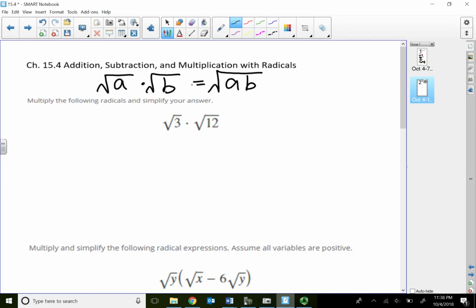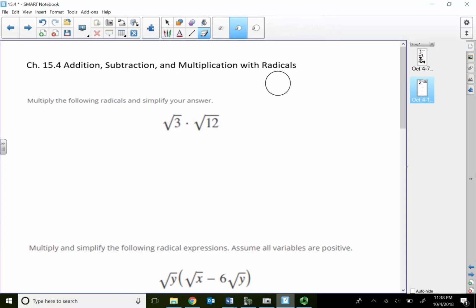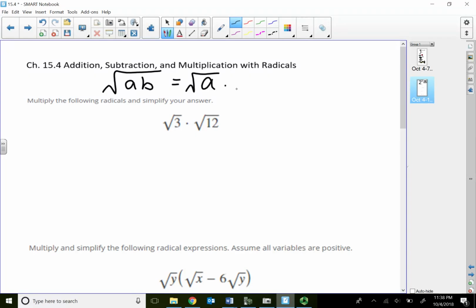Let me write it backwards: the square root of ab can be written as the square root of a times the square root of b. Basically, if I have a radical with one term inside, I can split it into multiple terms. Now we're going to look at it from the multiplication perspective.